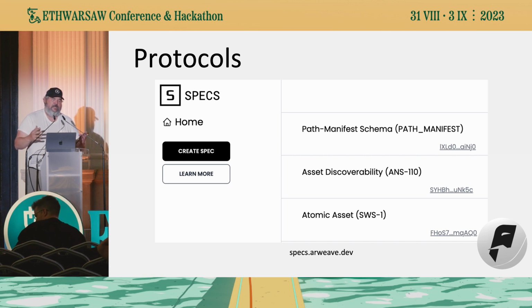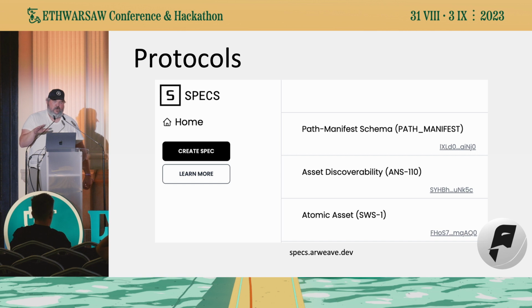We want applications to work together, so that if users create data in one application and they go to the Permaweb to use another application, they can access that data. And in order to do that, we have to have common protocols for these applications to talk to each other.